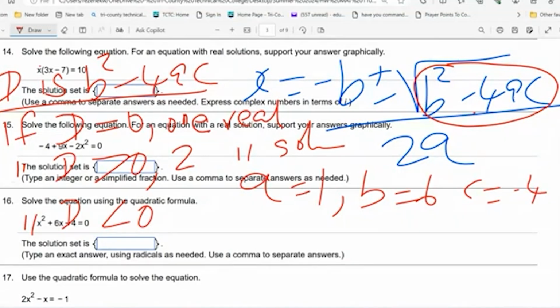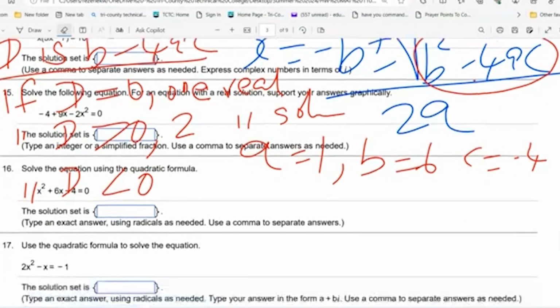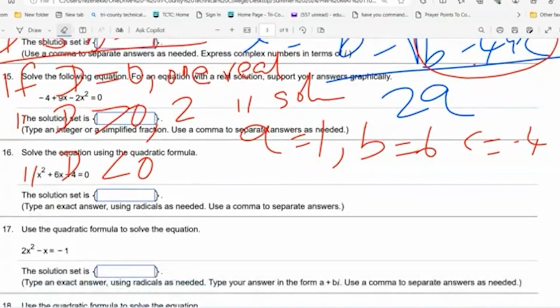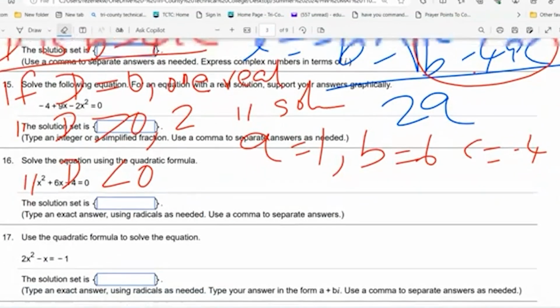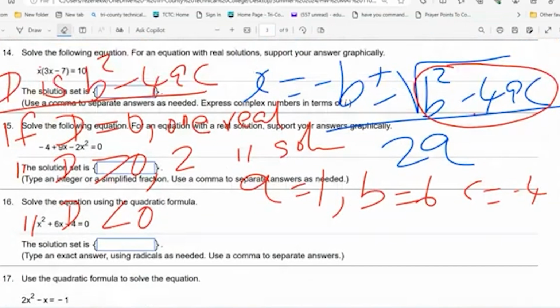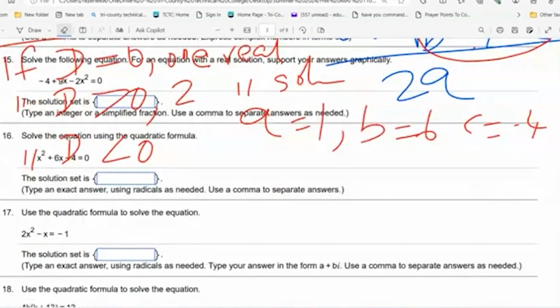So, to make the whole world simpler, let's find the value of D in this number 16. Because if I know how to find D, I know how to solve almost all quadratic equations. Okay, so I have already found my a, b, c. So b is, in this particular question, 6.